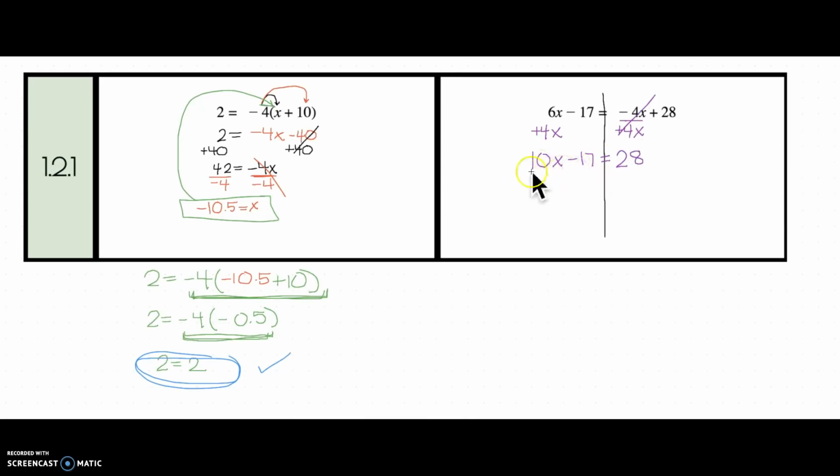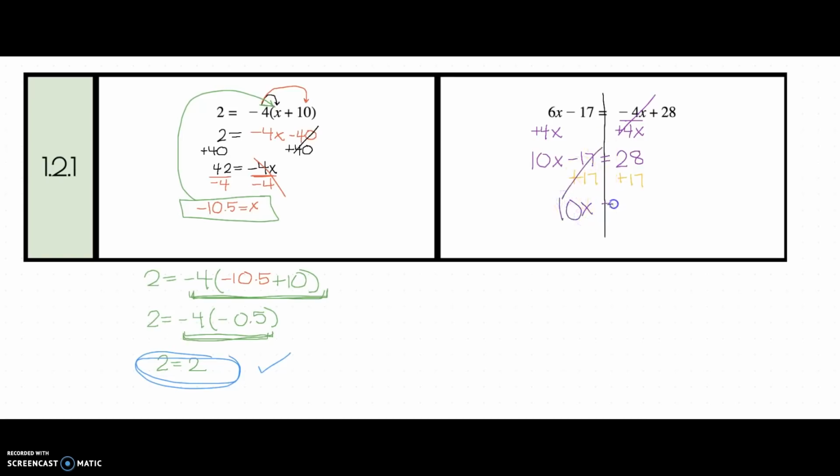Now again, I have two things on the left-hand side and only one thing on the right. So I want to figure out which one is friends with the one on the right. That is my minus 17. So I want to add 17 to both sides. And I'm left with 10x.